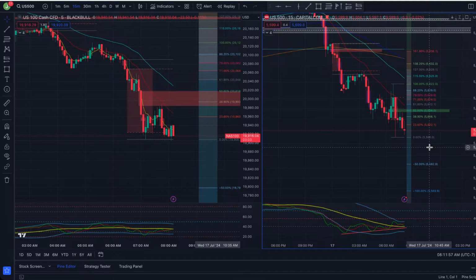Now that's pushing down again. Let's see if we can't get confirmation this time. Two minutes left in the closing of this candle.